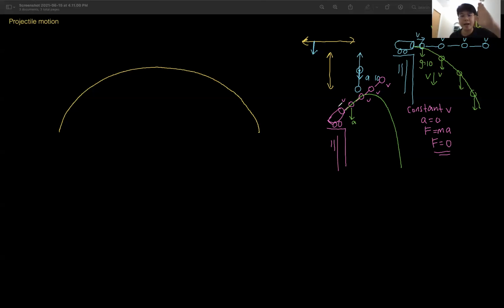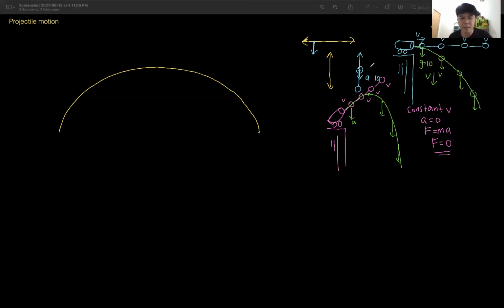The velocity going up is decreasing, and then at some point along the motion, there will be 0 velocity upward. Okay, what velocity? Upward velocity. Okay, the upward velocity is 0, and then it will start to turn down and speed up at the bottom like this. So this is another projectile motion.